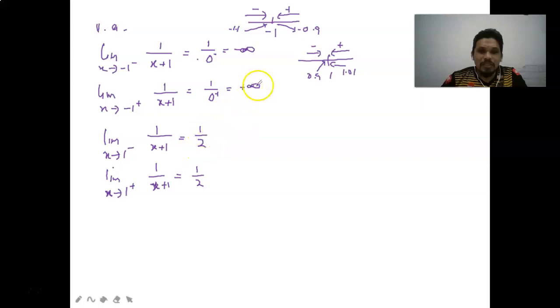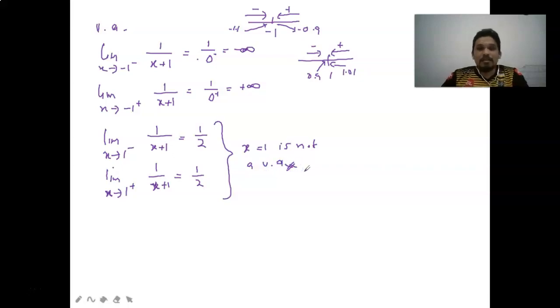It does not give us the sign of positive infinity or negative infinity. So for these two, we come up with a conclusion that x equals 1 is not a vertical asymptote.